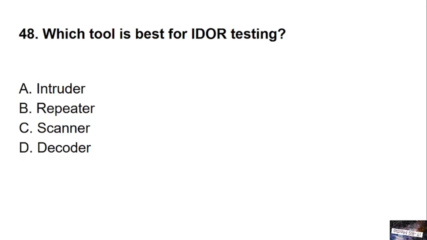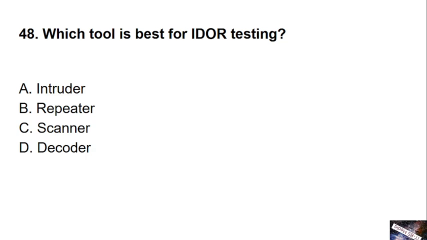Question number 48. Which tool is best for IDOR testing? Intruder, repeater, scanner, decoder. Let me put it that way: which tool in Burp Suite is best for IDOR testing?